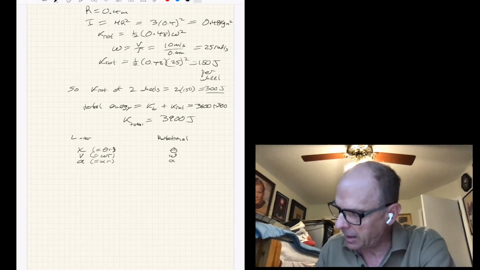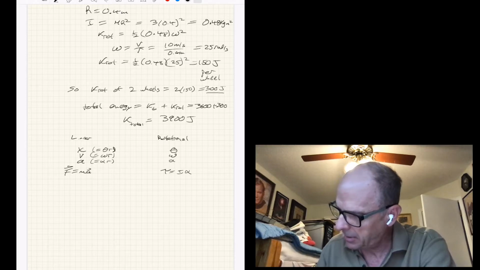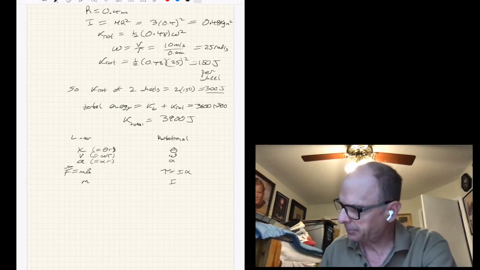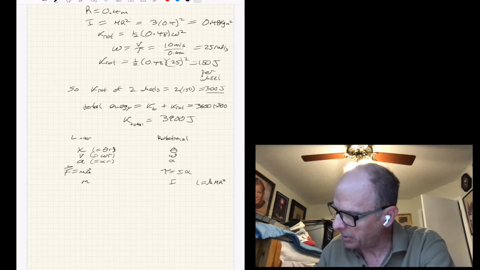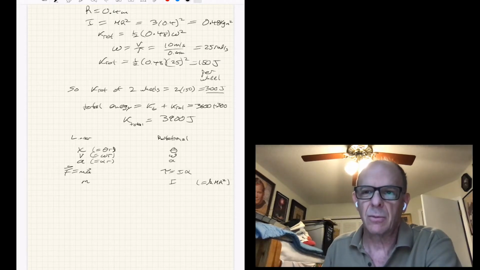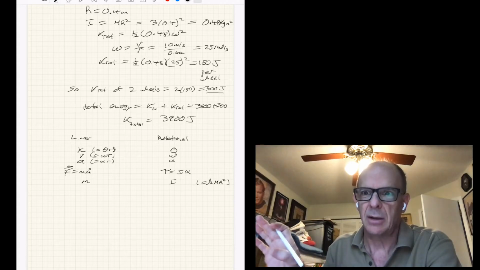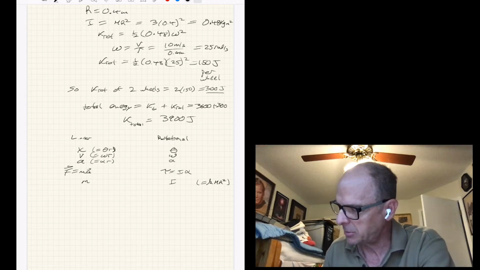We had F equals ma becomes torque equals I alpha. So there's an equivalence between mass and moment of inertia. And the moment of inertia is equal to some factor k times mr squared, where this factor k depends on what the object is and where the rotation axis is for that object.